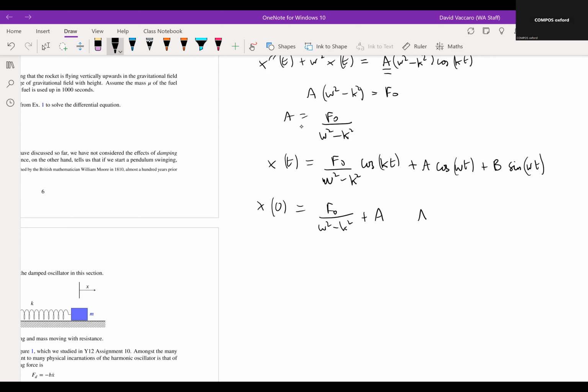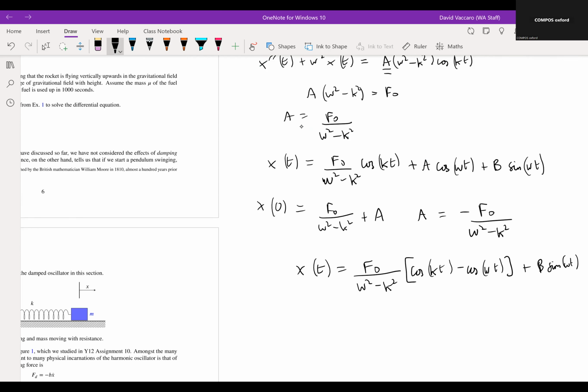I want a to make that 0, so a is minus f naught over omega squared minus k squared. So my solution is x(t) is equal to f naught over omega squared minus k squared, times cos kt minus cos omega t, plus b sine omega t.